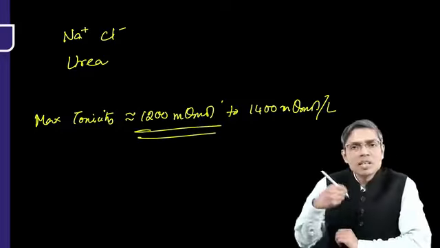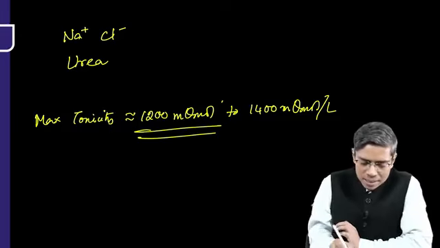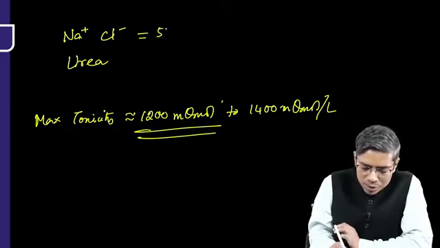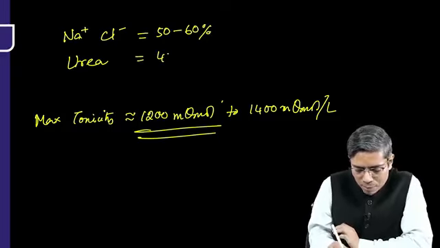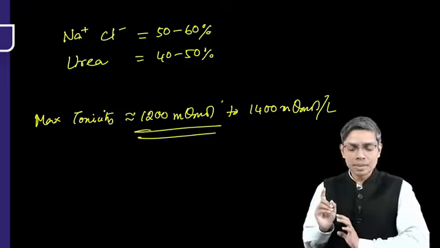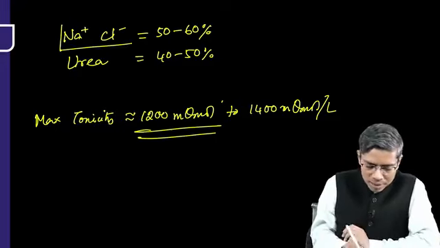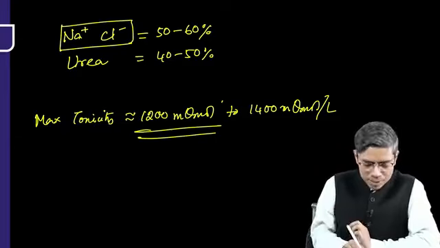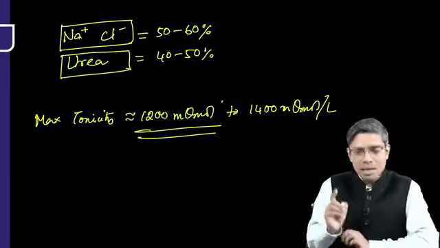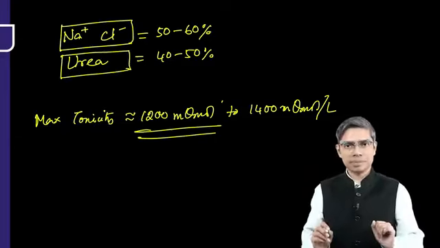Within this 1200 milliosmol per liter, it is said that 50 to 60% contribution is done by sodium chloride and 40 to 50% contribution is done by urea alone. So sodium chloride in combination is 50 to 60%, urea alone is the other 50%.